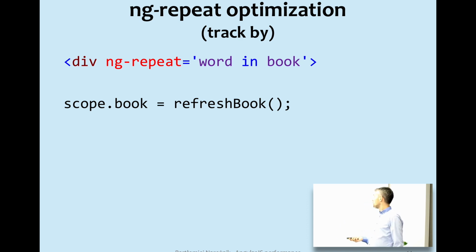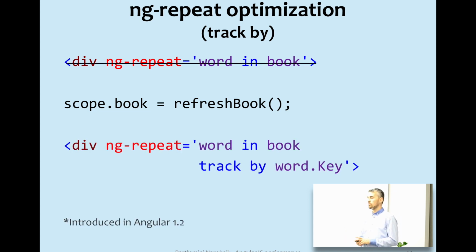So what we can do to improve that, there is a track by keyword, and it will tell Angular that the element has changed only when the field has changed. So in this case, there is some key on a word, and if the key is different, then it means that it's a different element. So the collection is a different object, but it has the same keys. It will do nothing. It was introduced in Angular 1.2.